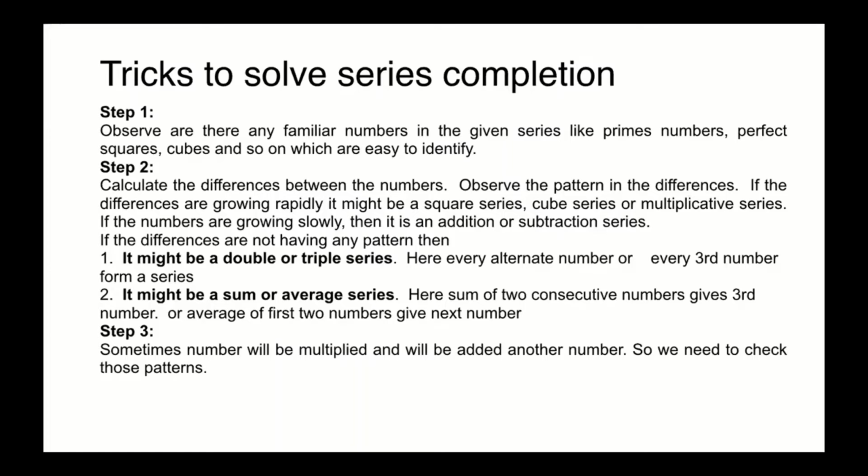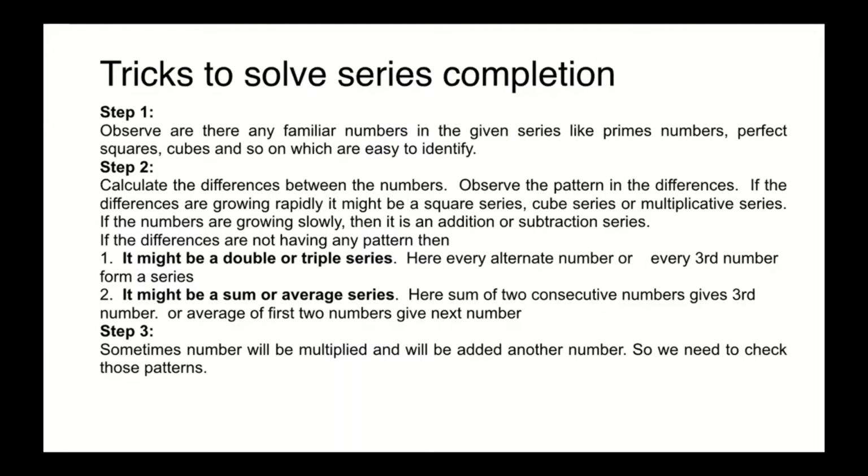Now, there can be certain scenarios, like the differences might be growing rapidly. If the differences are growing rapidly, then you need to realize that it will be a square series, a cube series, or a multiplicative series, because as you increase the number, the value of the square of that number also increases.